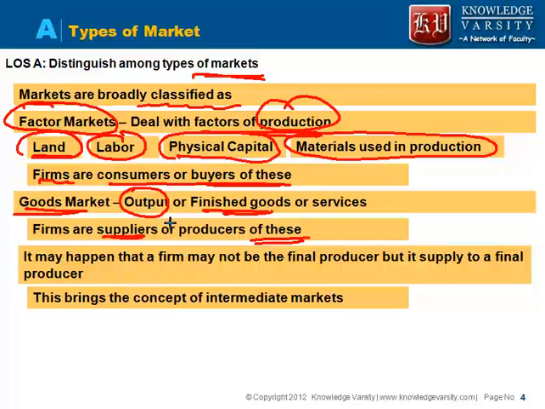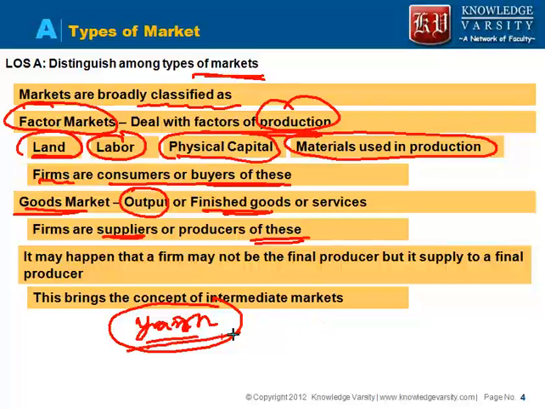Please note that it can happen that in the chain of production, some firms are not the final producer of the goods. An example: take yarn. Take a yarn manufacturer. The yarn manufacturer will not typically give this yarn to the consumer. The cloth is given to the consumer.